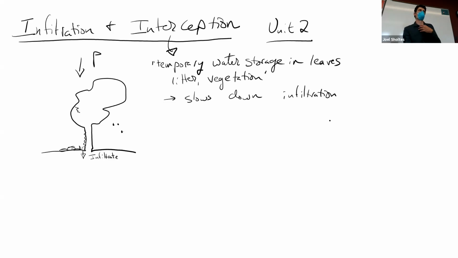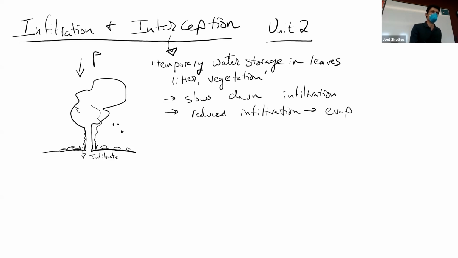Say it rains an inch in a couple hours. That's a lot of rain. We want to slow that down so we don't get this huge runoff wave. So it's nice to have stuff on the ground to intercept the water. It has to take a longer flow path as it goes down trees and grass blades. So it slows down infiltration, but it also reduces infiltration via evaporation.